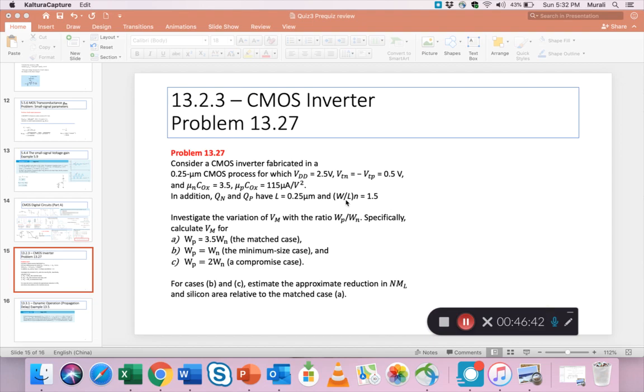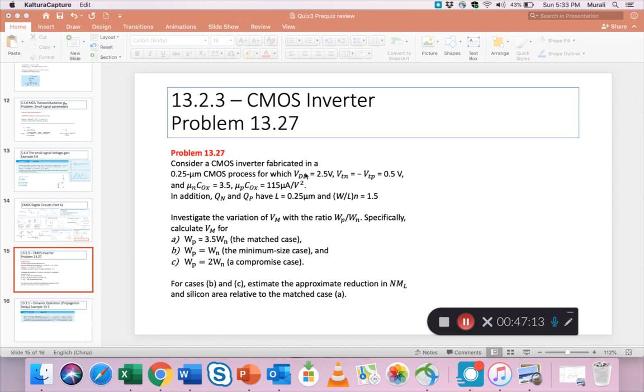This is from the back of the chapter, 13.27. What does it say? It says, a CMOS inverter is fabricated in a 0.25 micrometer process. I've told this I think a few times. This 0.25 micrometer means that the length L is 0.25, right? So sometimes they may forget to give you the length in the problem, but you should know that when they give you this information, that is the L, okay?